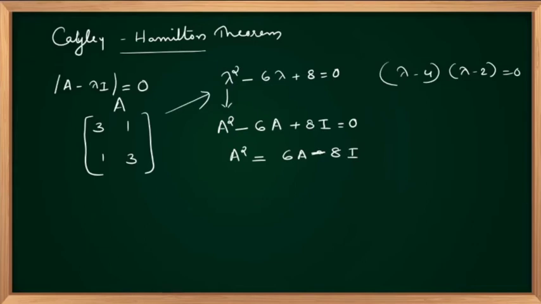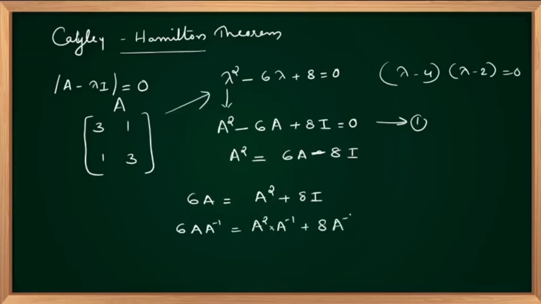More importantly, from this relation 1, I can take 6A equal to A square plus 8I, correct? So if I multiply both sides by A inverse, 6 times A into A inverse equals A square into A inverse plus 8 into A inverse, correct?